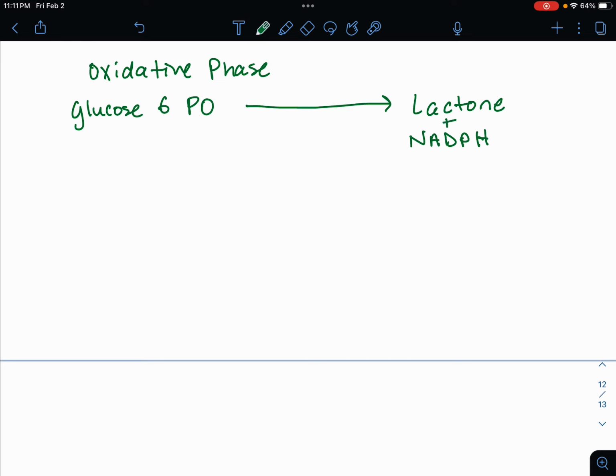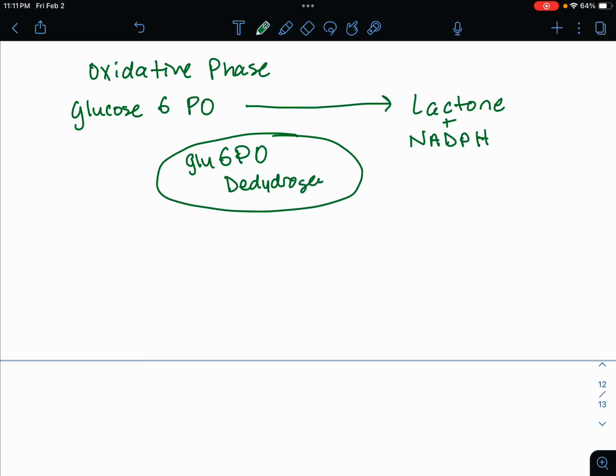The enzyme that completes this reaction is glucose 6-phosphate dehydrogenase. So glucose 6-phosphate dehydrogenase is the enzyme that gets the glucose 6-phosphate to a lactone and NADPH.